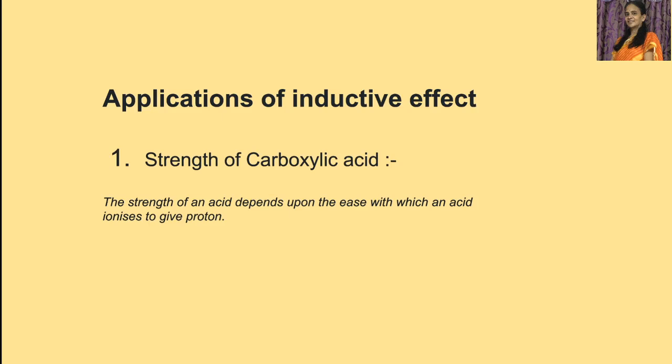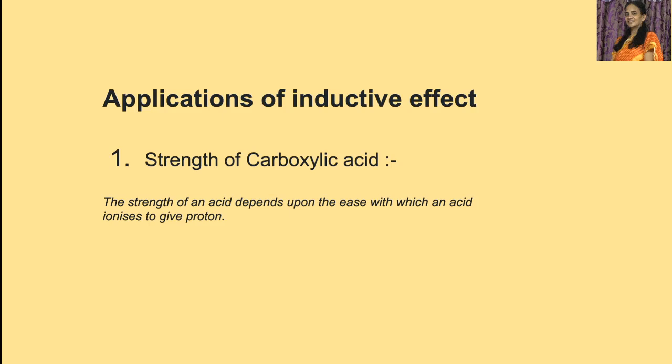So, how do you say that a carboxylic acid is acidic? Carboxylic acids exhibit acidity by losing a proton. The strength of the carboxylic acid depends upon the ability to ionize and lose the proton, and this ability tells us about the strength of that particular acid.